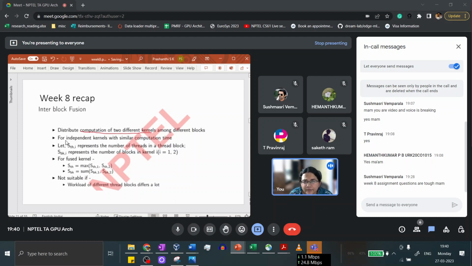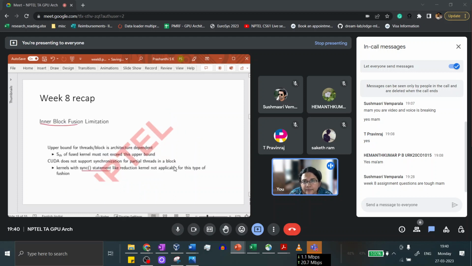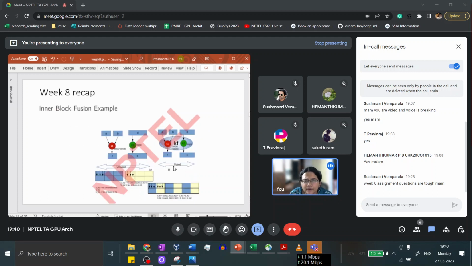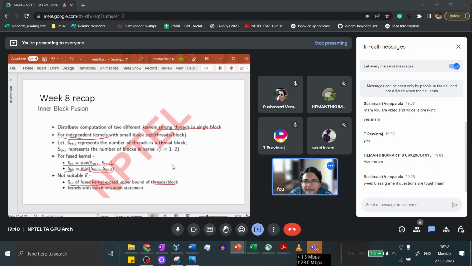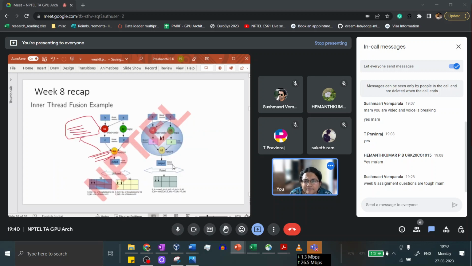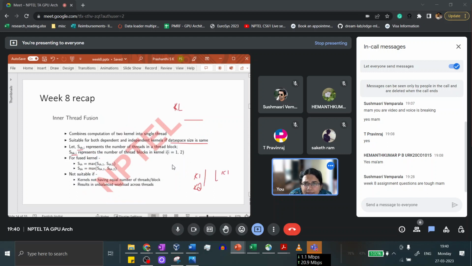Again, we want to do this for kernels with similar computation time. So remember previously we were talking about having an equal number of, where was that? Probably in inner thread fusion. Yeah, here, right? So if we have kernels with a different number of threads per block, we might end up having different work across threads.